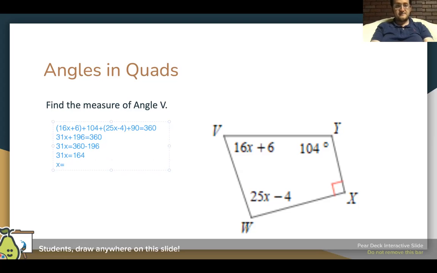That would be my x. Now I don't have my calculator with me. But then you would want to just plug in your x to get the total angle measure.